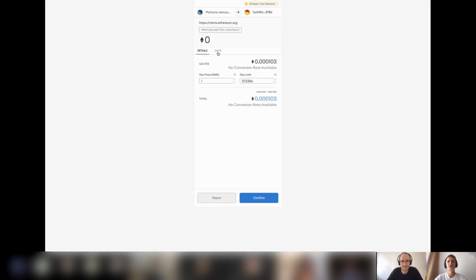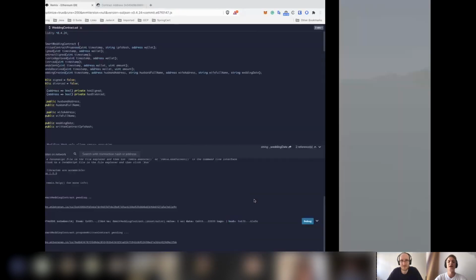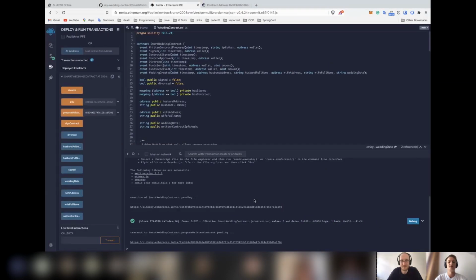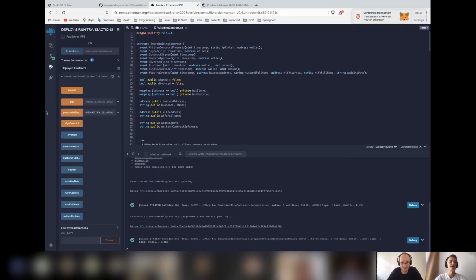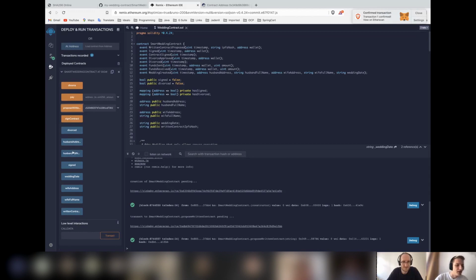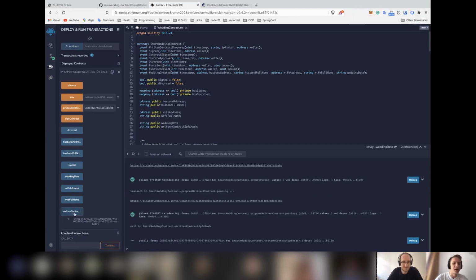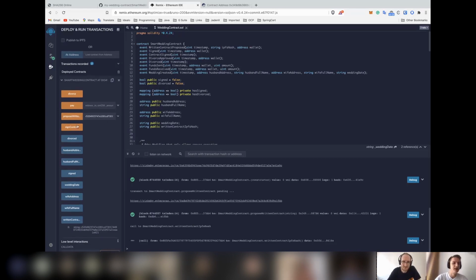We, of course, are asked by MetaMask to confirm the transaction fee for storing that data, and we send the signature. The transaction is pending, the transaction passed. Okay, we can access the written contract. This is our hash stored in that smart contract, and we can sign the contract.